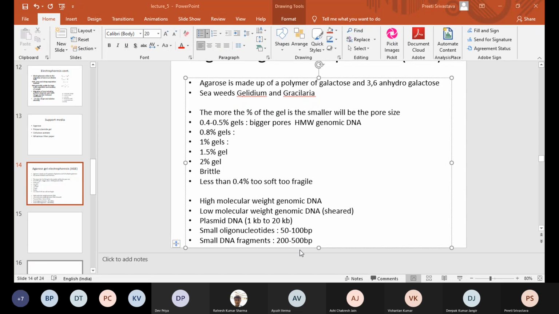Okay, then let me try to recall who else is present. Dhwani is there or left already? Yes, I'm here. Okay, so tell me. In this, the smallest molecule I can say is the small oligonucleotides, so that could be 2% gel.